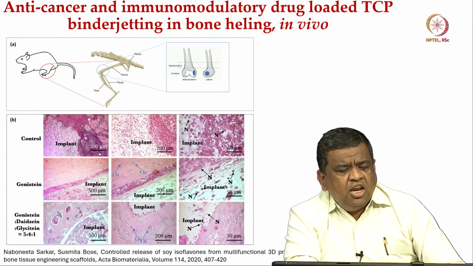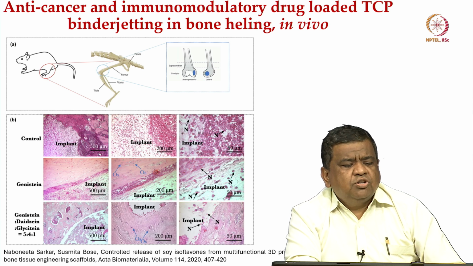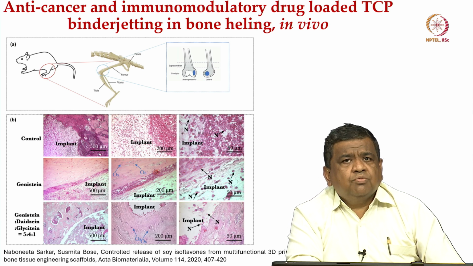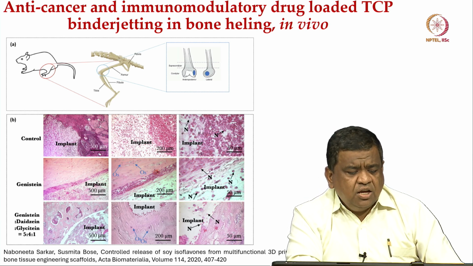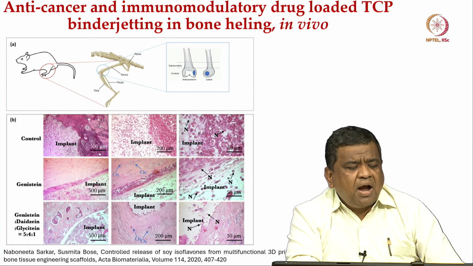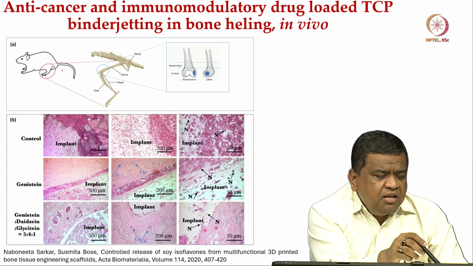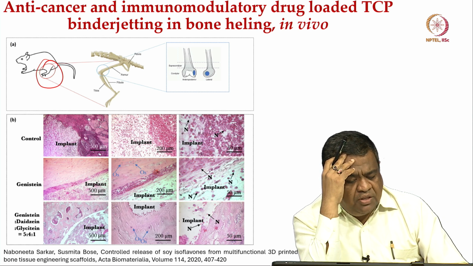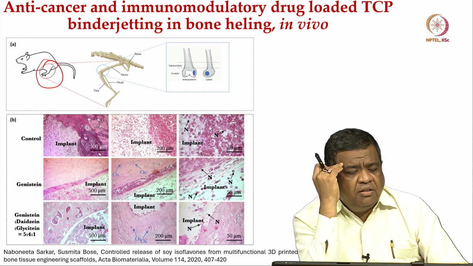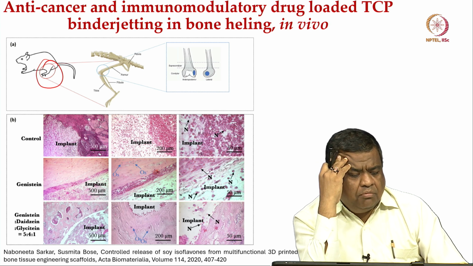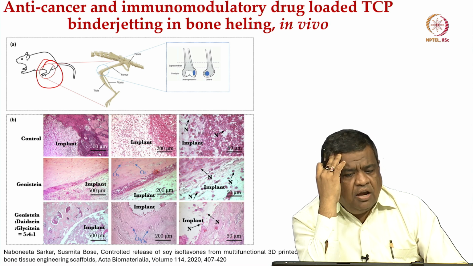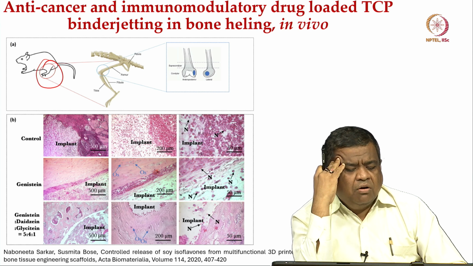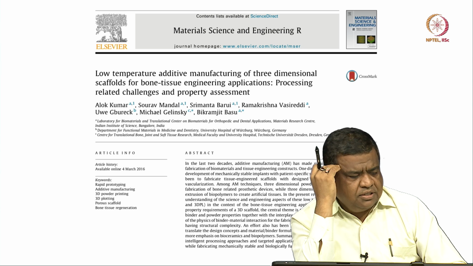An anti-cancer immunomodulatory drug was loaded to tricalcium phosphate, one of the calcium phosphate based materials printed using binder jetting, and after that these bone tissue engineered scaffolds were placed in the animal models. This particular work essentially showed that immunomodulatory drugs were consistently released during these binder jetting based techniques.